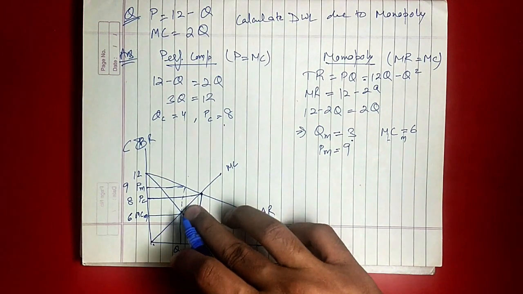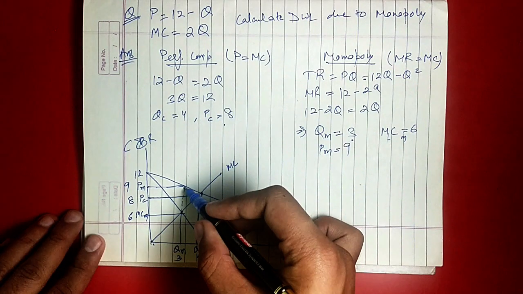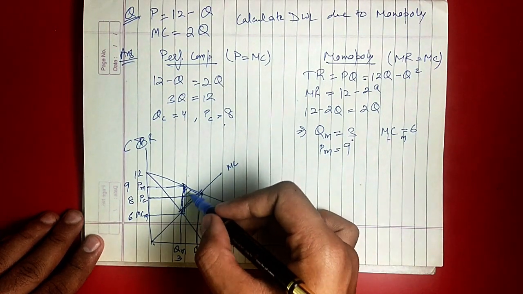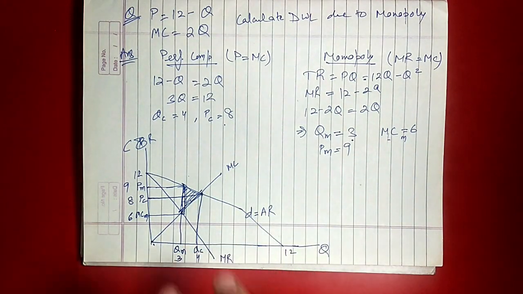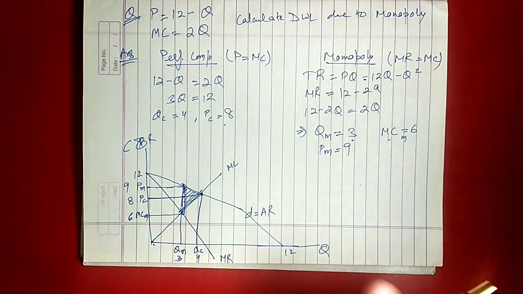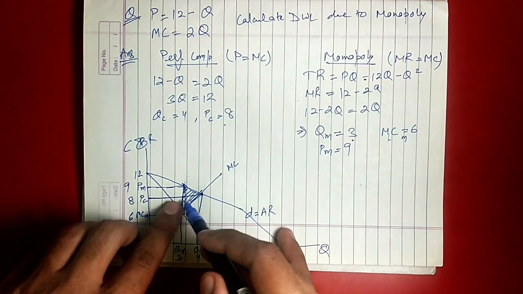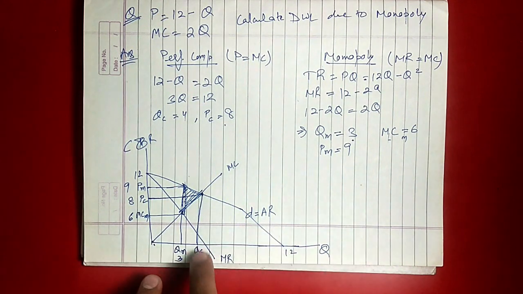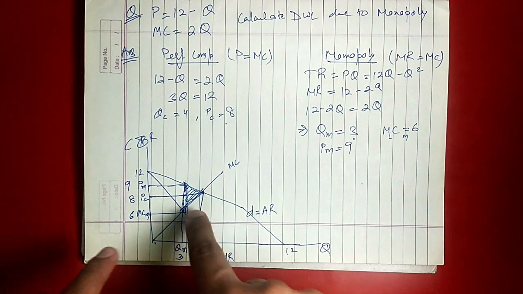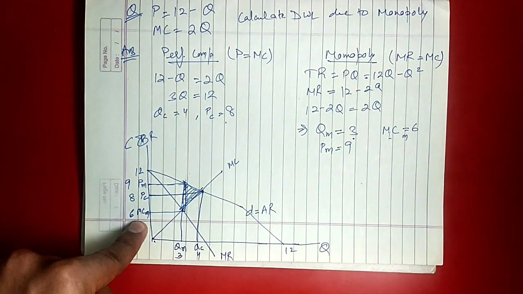I've already told you which part is the deadweight loss in this diagram. It is this triangle, so we have to find out its area. Applying normal mathematics, we write the formula half into base into height. The height is 4 minus 3, and for the base, you have to subtract PM and MCM.